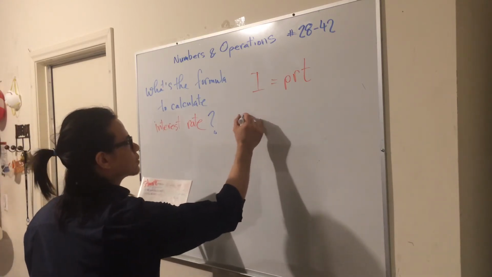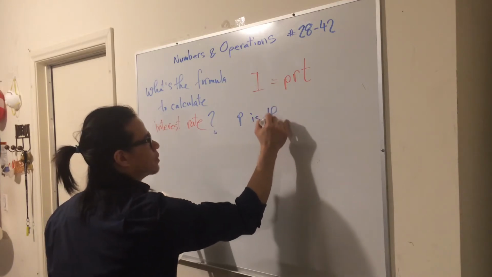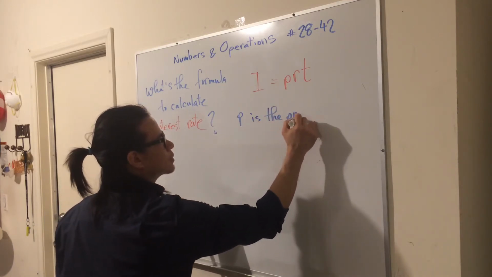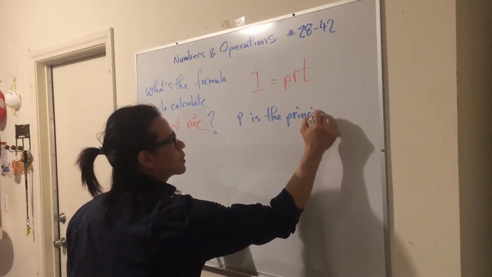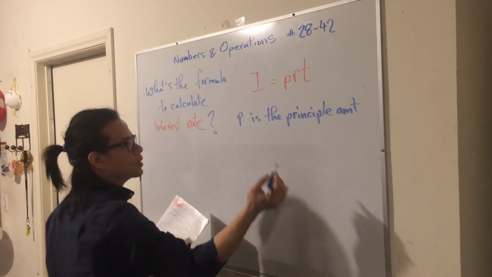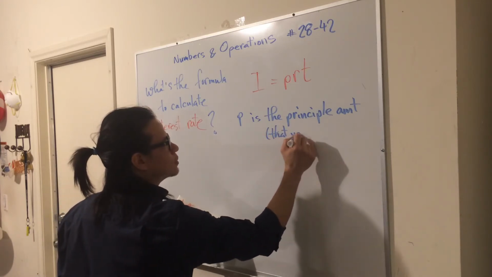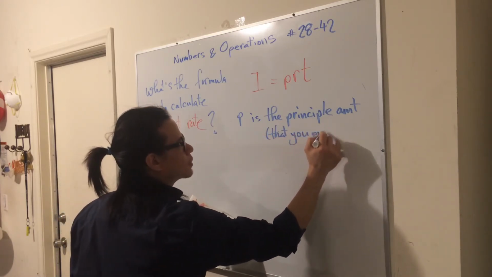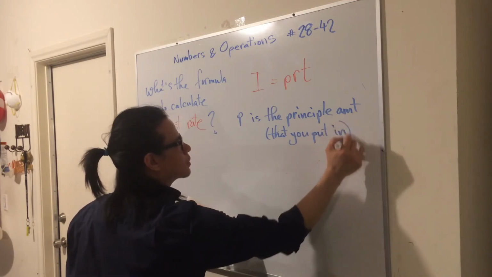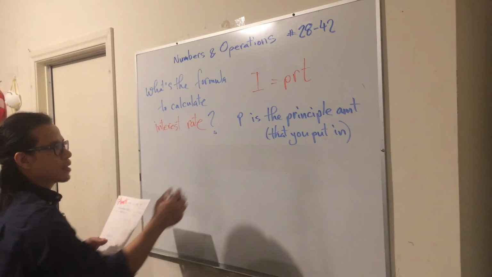So P, okay, is the principal amount. This is the money that you put in to the bank or loan out or whatnot, okay?